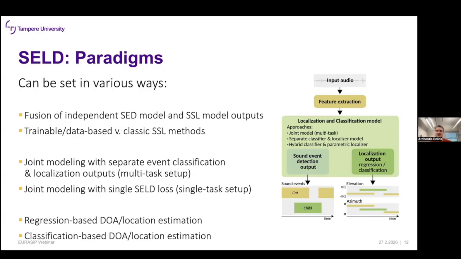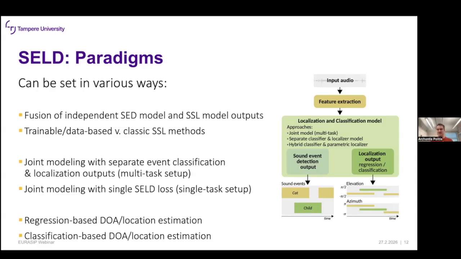On the other hand, one can try to model the whole problem jointly. So a single model that tries to achieve both localization and detection, and that can also be done in different ways. In one way, such a model can have a separate output for sound event detection and a separate output for source localization, and then you optimize both components independently.